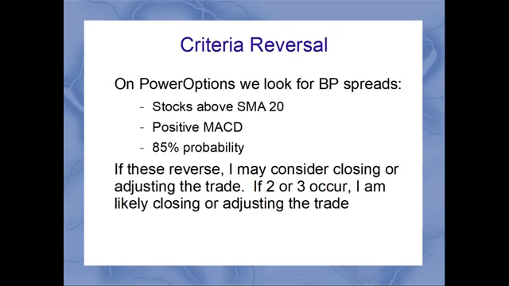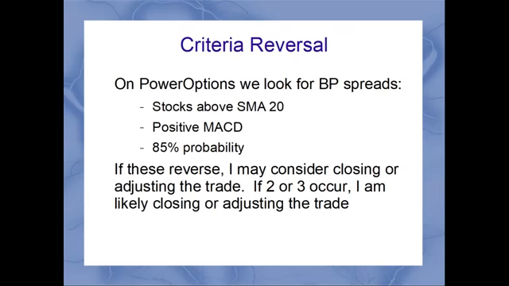If the stock now drops below the 20-day moving average while I'm in the trade, the MACD reverses, or the probability drops from, say, 85 to 65 because the stock's falling, really, if 2 or 3 of those occur, I'm likely closing or adjusting the trade. Maybe I didn't hit that mark yet where it was profitable, so I'm closing it out because of the negative.